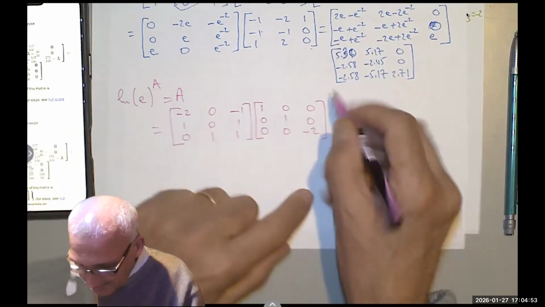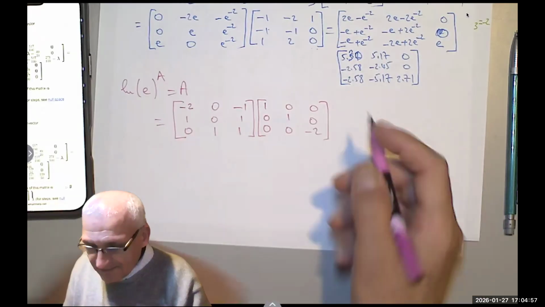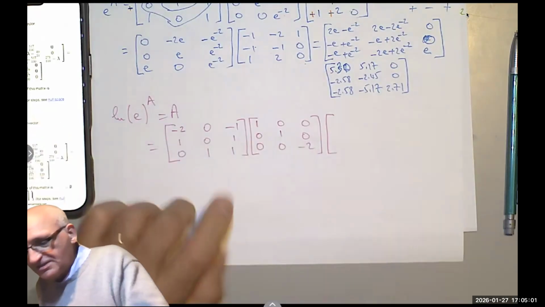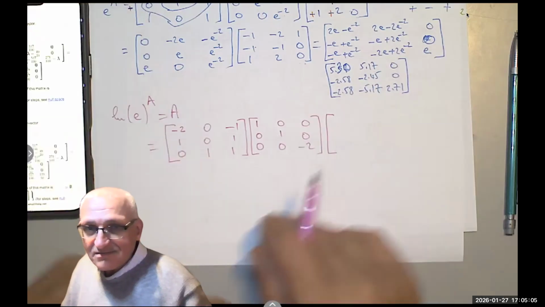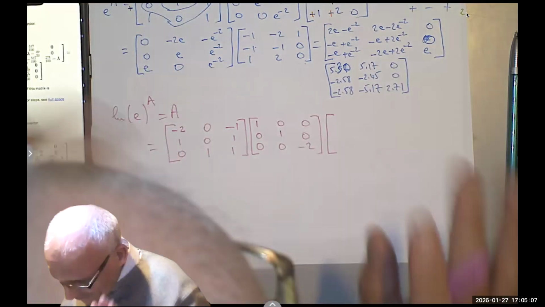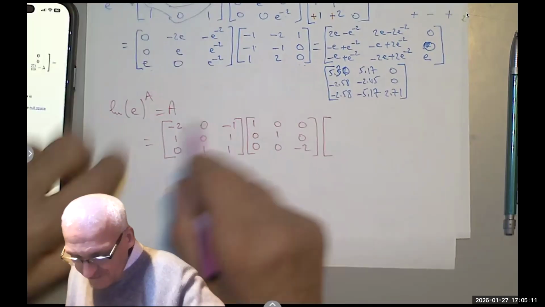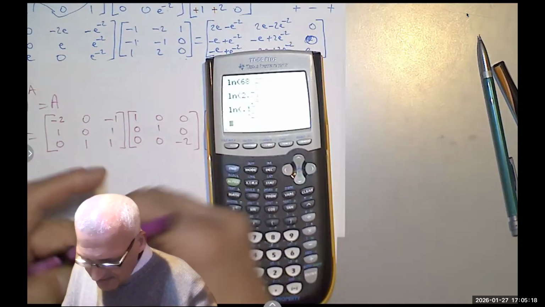And if I multiply that by the inverse of this, I expect to get back my original matrix. So let's see if that happens. That would be great. It means after all this confusion, it turns out to be correct. Hopefully, I will keep my fingers crossed. How do I find the inverse of that? I can do it fast, or you can do it with a calculator. Calculator is easier, I think.